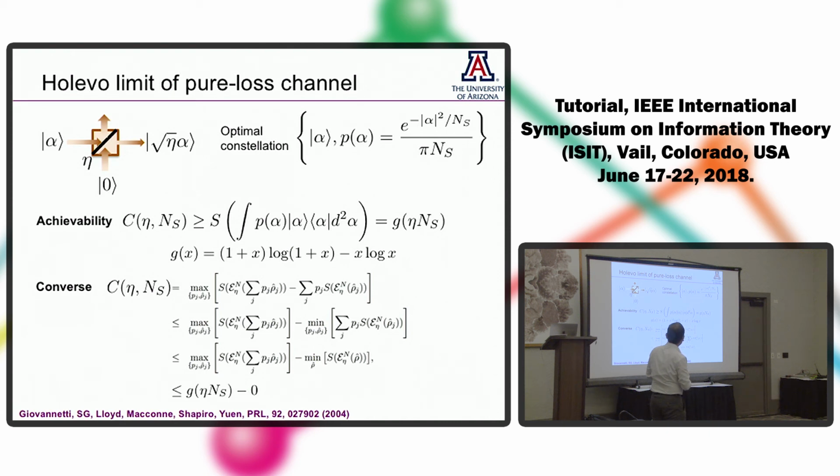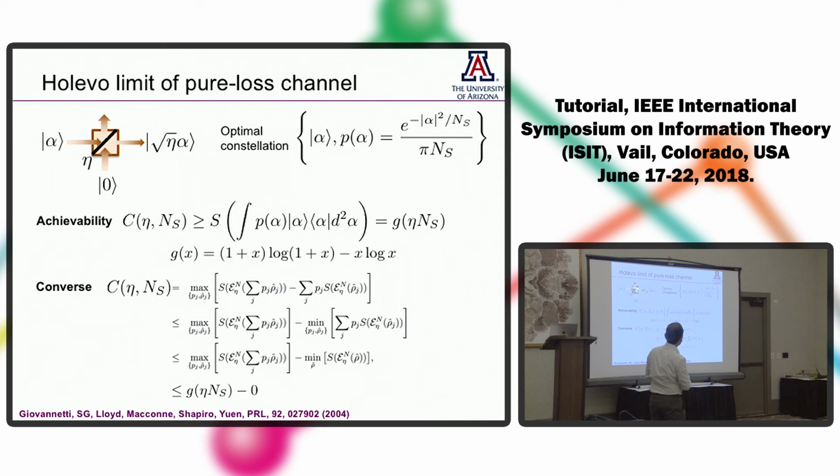The details are not so important for the purposes of today's tutorial, but the achievability is something I just showed you. This is the von Neumann entropy of the average output state when I send a Gaussian modulated input with coherent state input. The converse follows from upper bounding this Holevo quantity by maximizing the first term and minimizing the second term individually. The maximum of the first term is given by this function, because the maximum von Neumann entropy of a state is given by the g function of the mean photon number of that state.